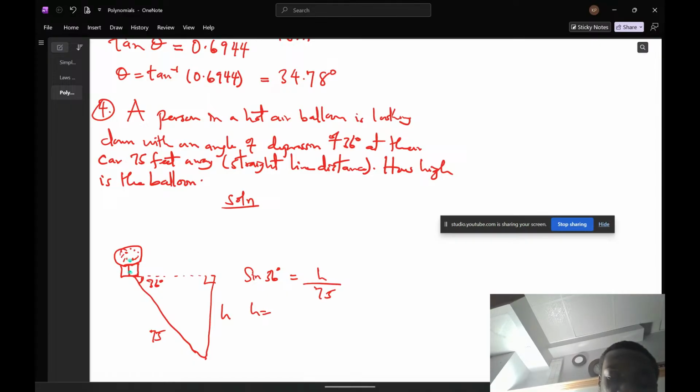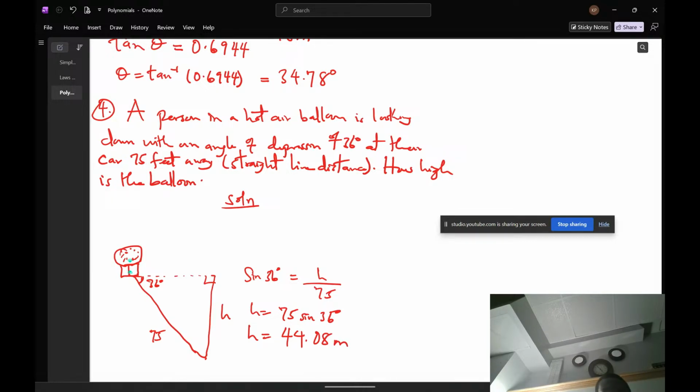So h is equal to 75 sine 36. 75 sine 36 will give us 44.08. So the height is 44.08.